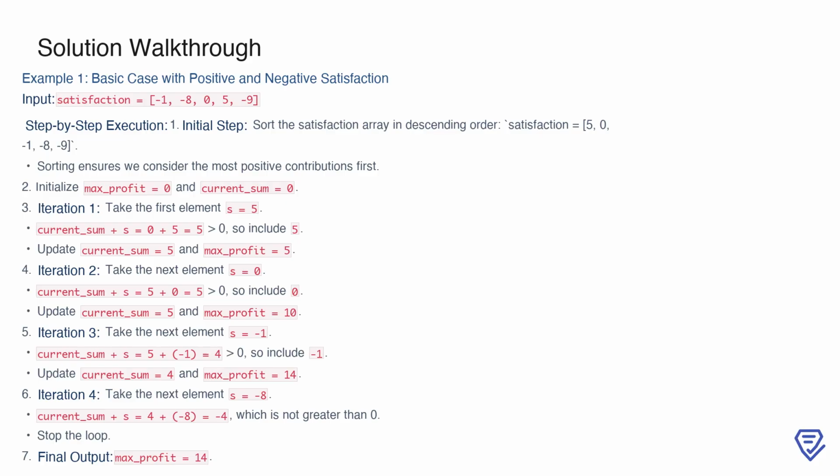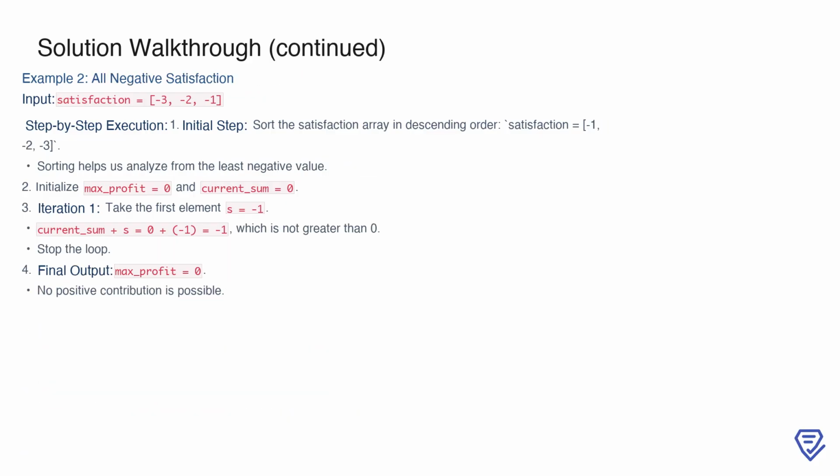Since this is still positive, we include it and update max_profit to 10. Then, we take -1, which decreases current_sum to 4 but is still positive, so we include it, updating max_profit to 14. However, when we attempt to include -8, the current_sum becomes negative, so we stop. The final output is a max_profit of 14.